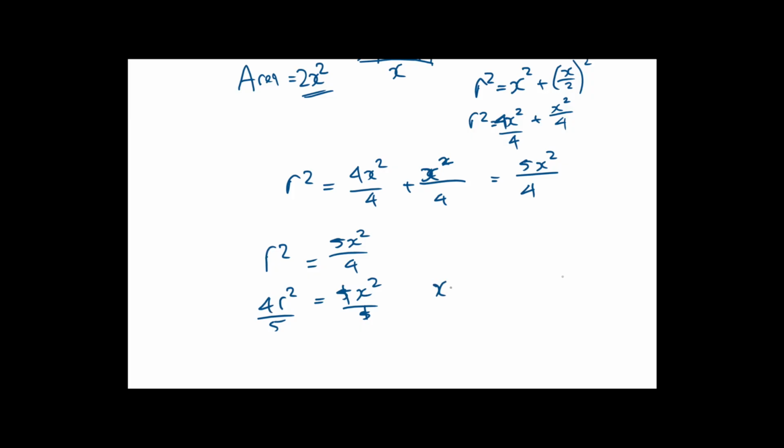Yes, so x squared is going to be 4r squared over 5. And we know that the area is twice that. So therefore the area is going to be 2 times 4r squared over 5, which is going to be 8r squared over 5. Does it simplify anymore? Nope. And I think that's our final answer.